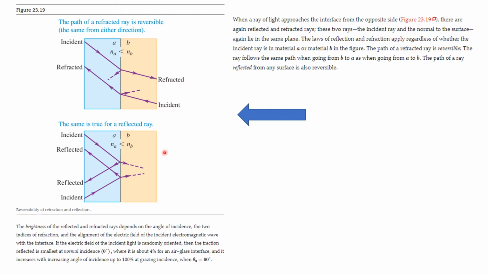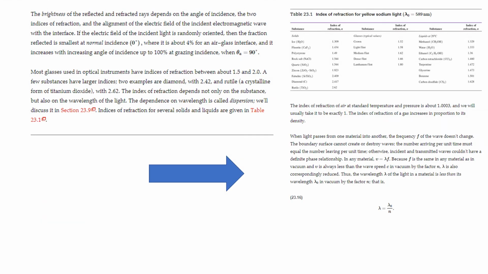And the same is true for a reflected ray. The brightness of the reflected and refracted rays depends on the angle of incidence, the two indices of refraction, and the alignment of the field wave with the interface. It's really kind of an energy thing.